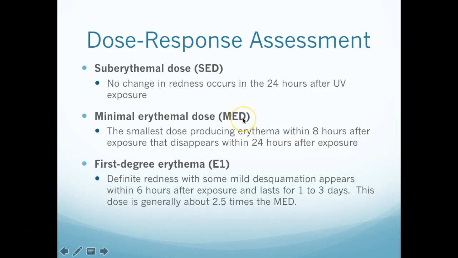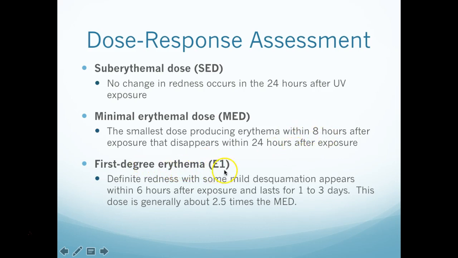This is where you really have to rely on your patient to say, oh yeah, I got some redness a couple hours afterwards or 8 hours afterwards, but by the time I came to see you again, it's gone. Then that's a good dose for you, and that's where you would start your patient. So you can see there's a bit of an objective problem with that. If they're in an inpatient setting, then I guess that would work.